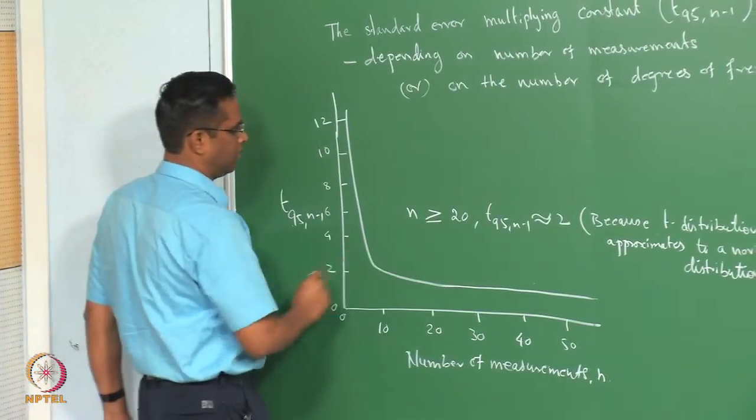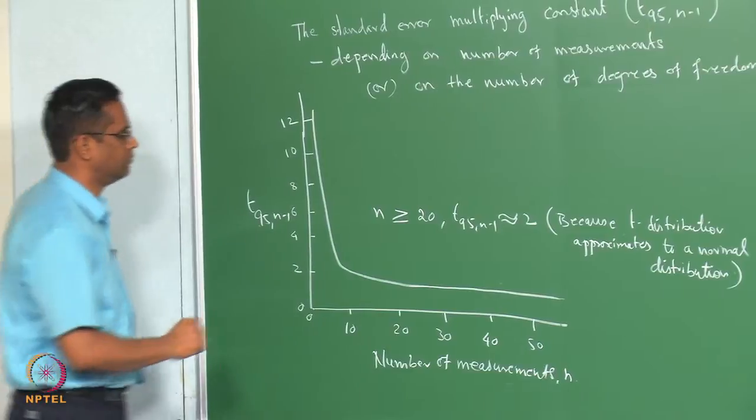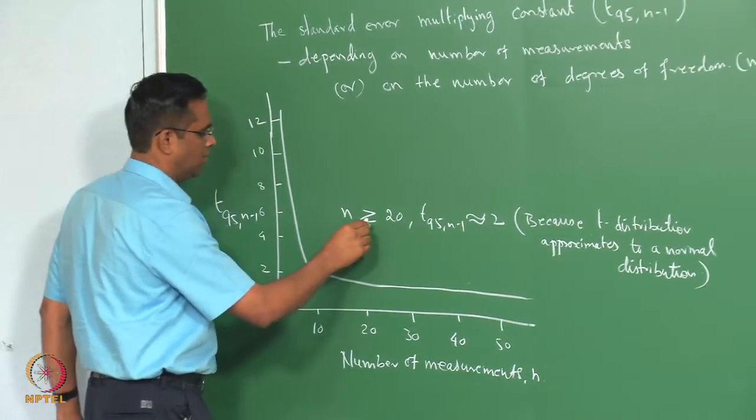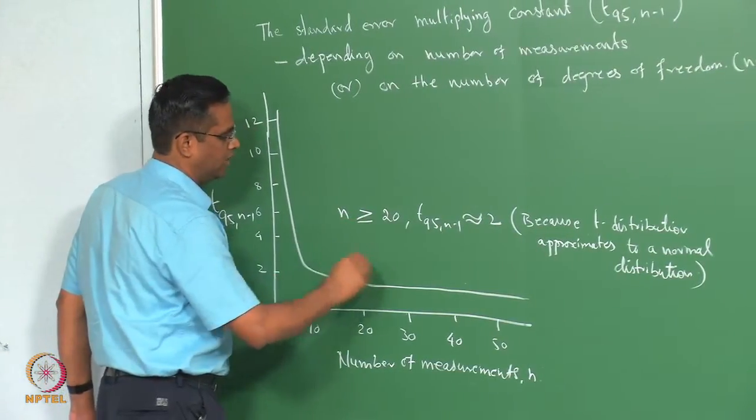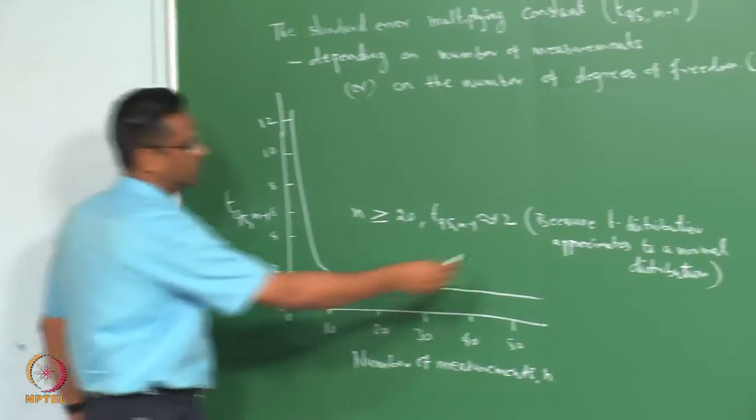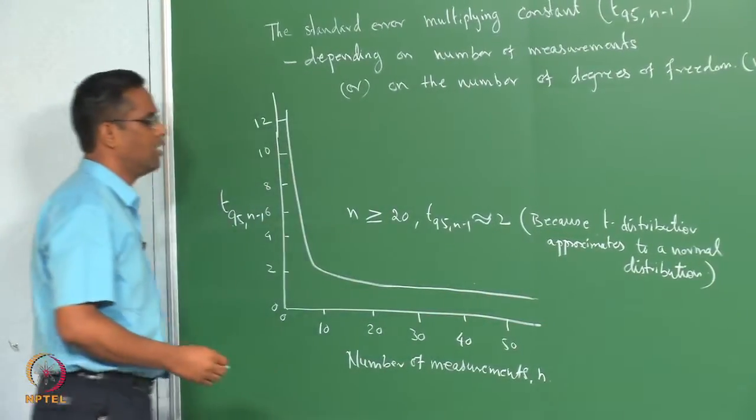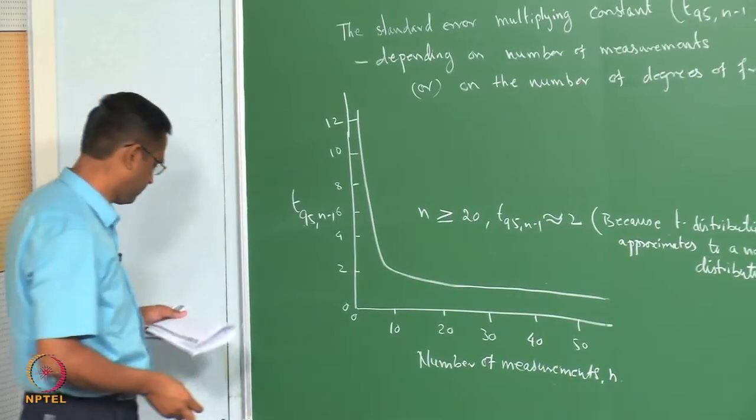So, when n is greater than or equal to 20, the constant remains 2, because the T distribution approximates to a normal distribution.